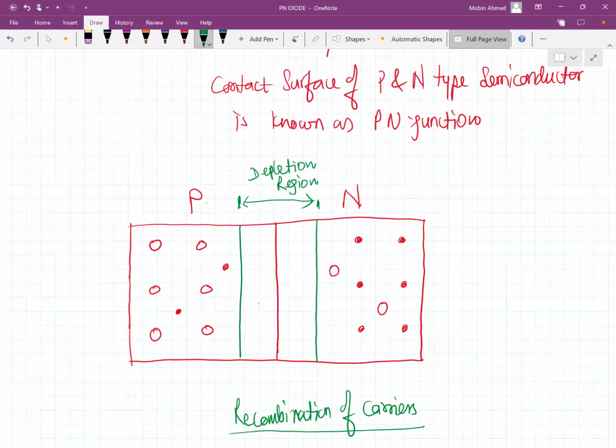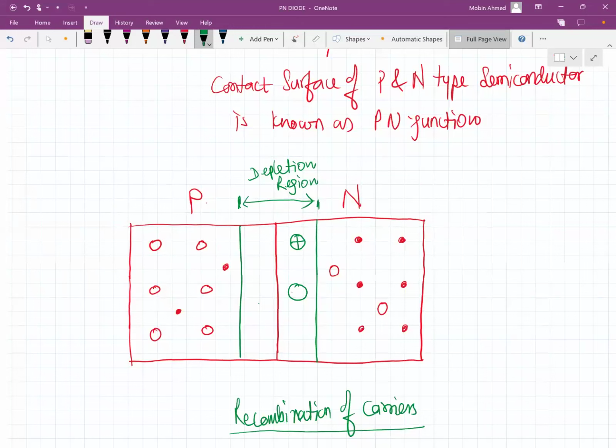Because the electron has moved from here to the hole, the pentavalent atom will become a positive ion.